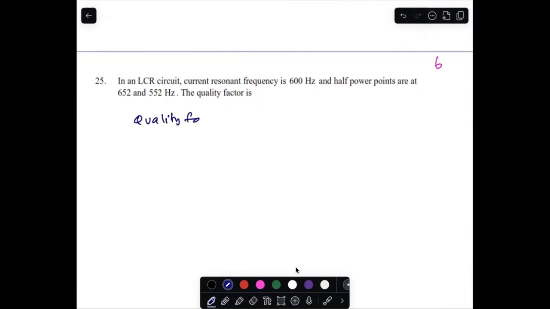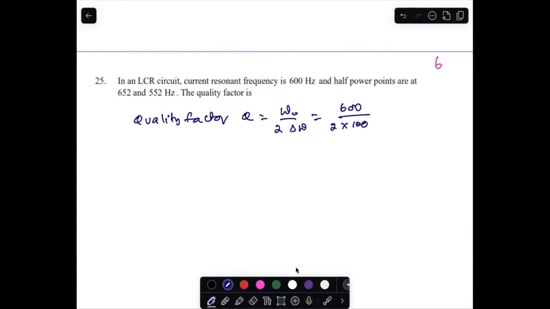Quality factor Q is equal to resonance frequency by 2 times delta omega. Resonance frequency is 600, 2 into difference 652 minus 552. How much is that? 100. The quality factor is omega naught by 2 delta omega, right?